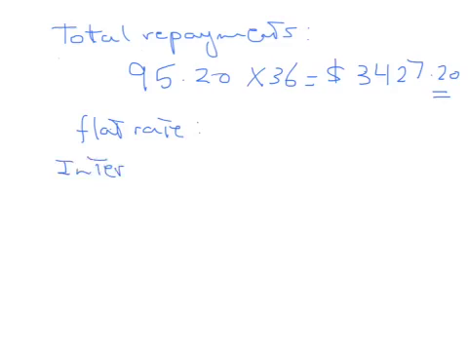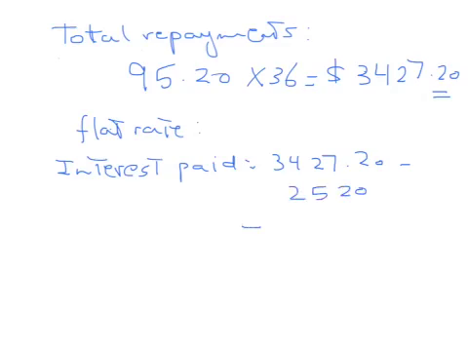The interest paid can be calculated by subtracting the actual balance, $2,520, from the total repayments. This will give us $907.20. So this is how much the interest was.